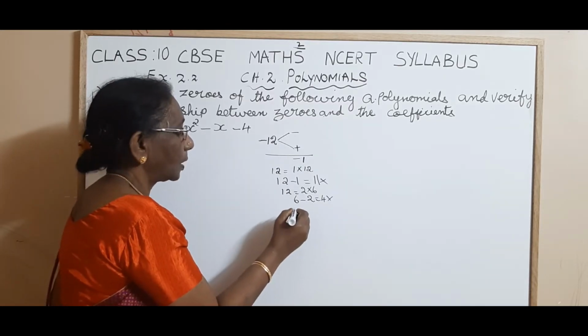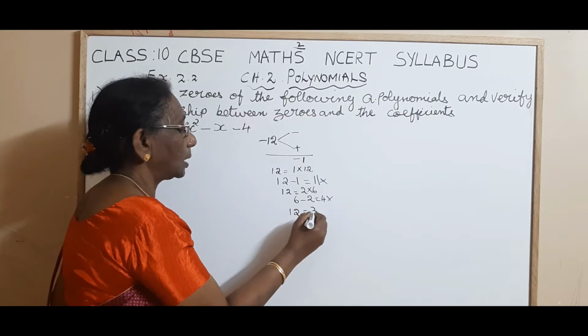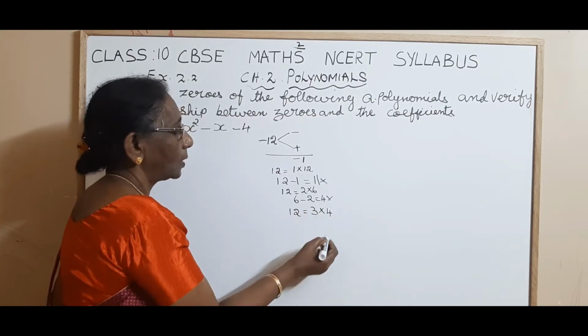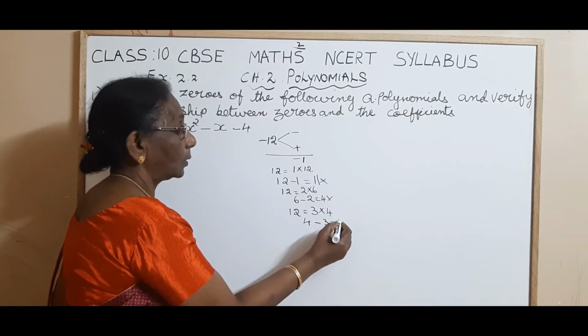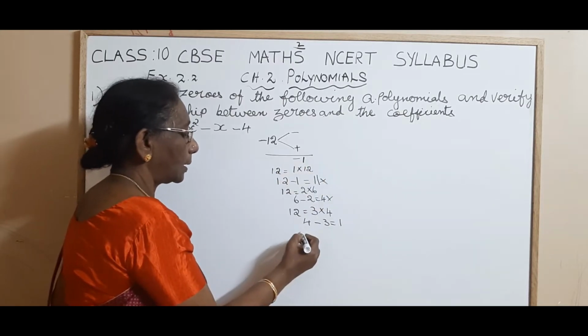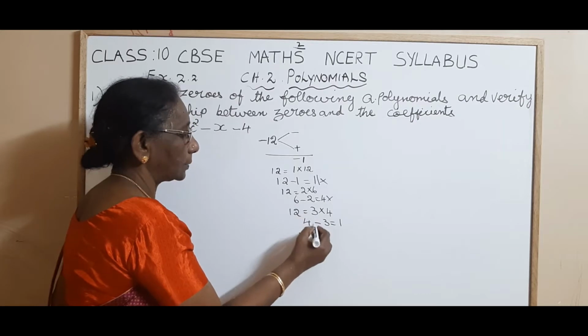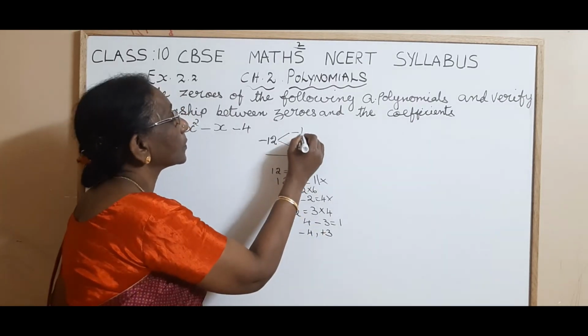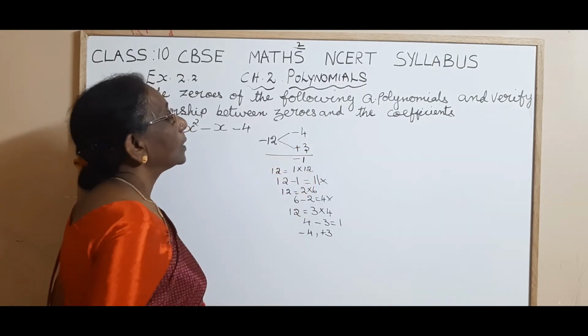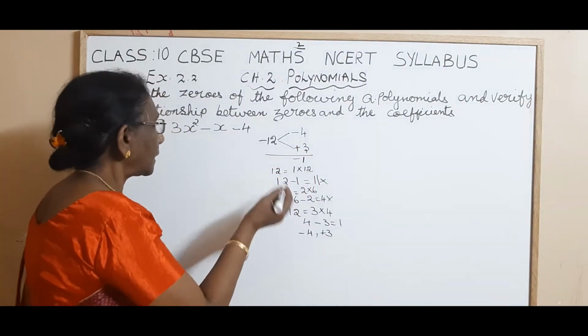Next, 12 is equal to 3 into 4. So 4 minus 3 is equal to 1. So the numbers are minus 4 and plus 3. The big number is minus 4 and the small number is plus 3. Okay, children? Now next, what should you do?